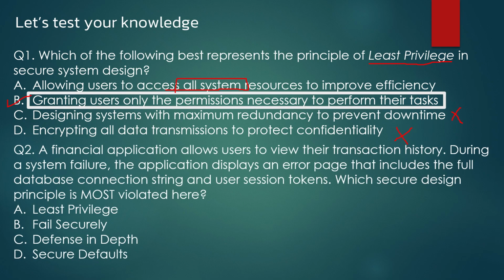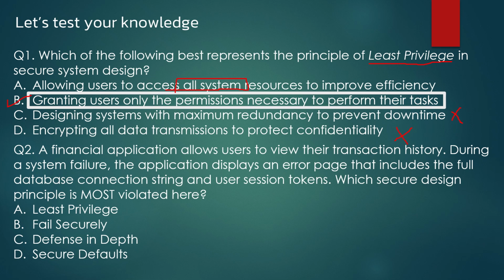A financial application allows users to view their transaction history. During a system failure, the application displays an error page that includes the database connection string and end user tokens. Which secure design principle is most violated here?